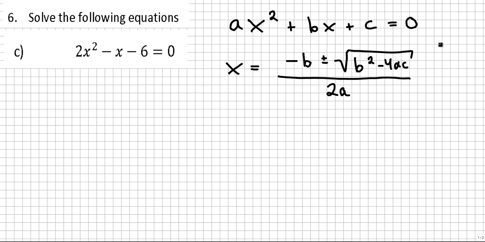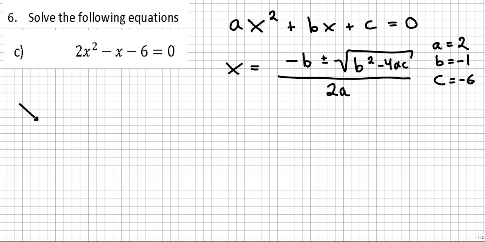So let's make some notes here: a is equal to 2, b is equal to minus 1, c is equal to minus 6. Now we can just enter the values of a, b, and c into this formula, and we'll get the answer.